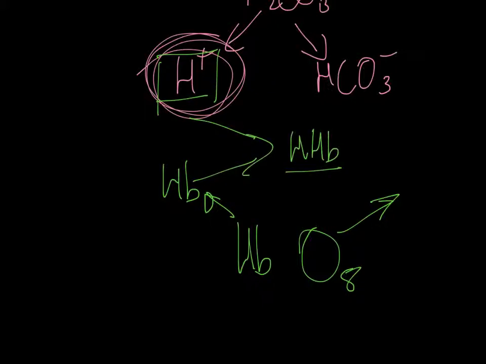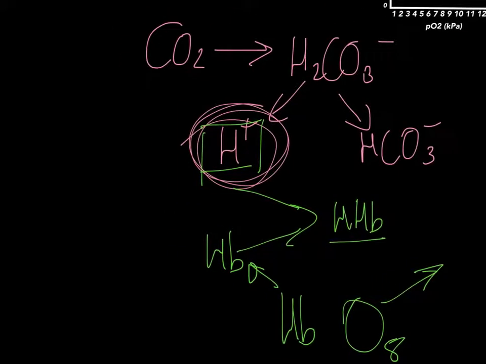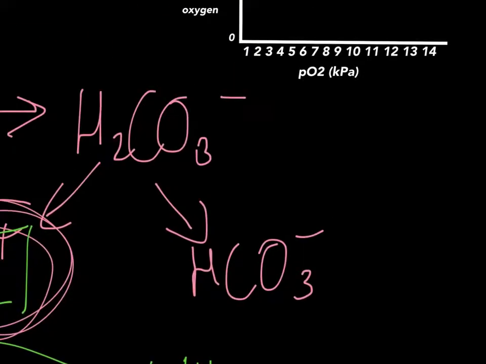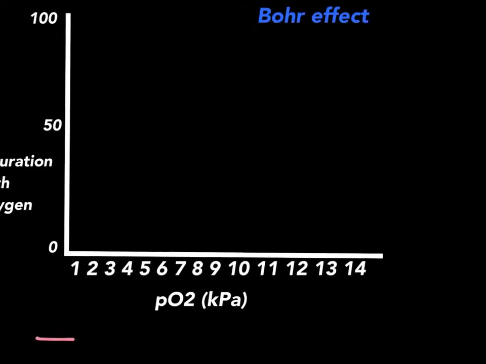In reality, as we produce carbon dioxide, we're producing more hydrogen, and that hydrogen is essentially forcing its way to be bound with the hemoglobin molecule. So the oxygen's going to be forced out, if you will.